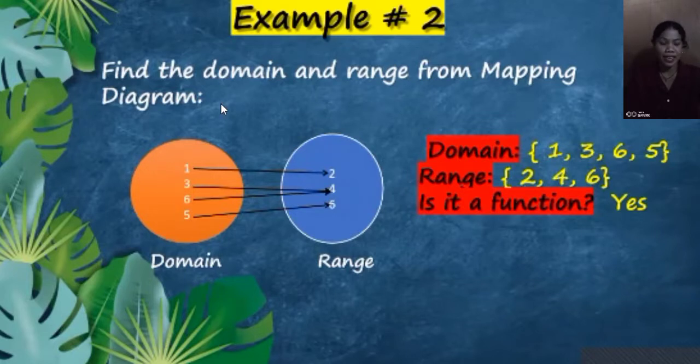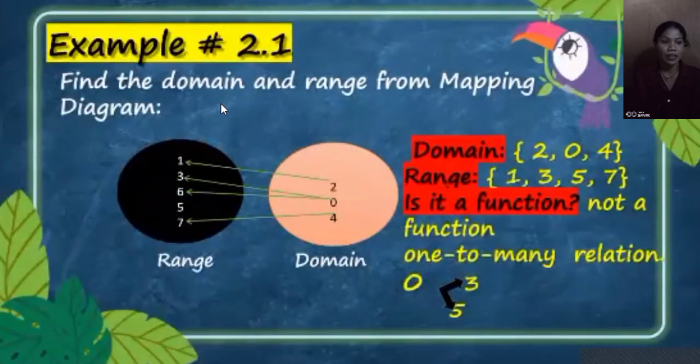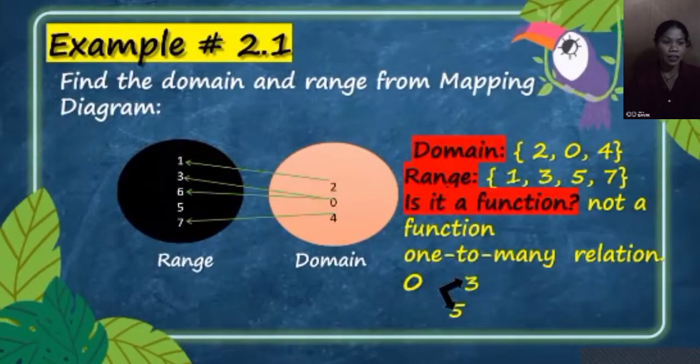The 1 is pointing to 2. If the arrow is pointing to a circle, that is what we call the range. The blue circle is the range, and the orange circle is the domain. Is it a function? Yes, because we have not seen any repeated elements in the domain.